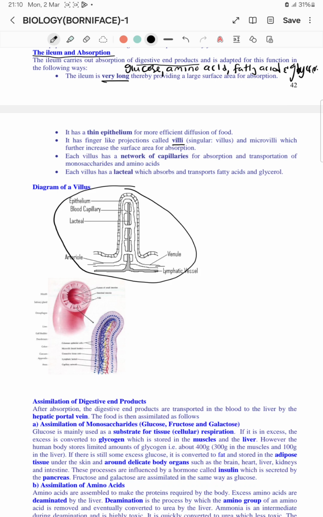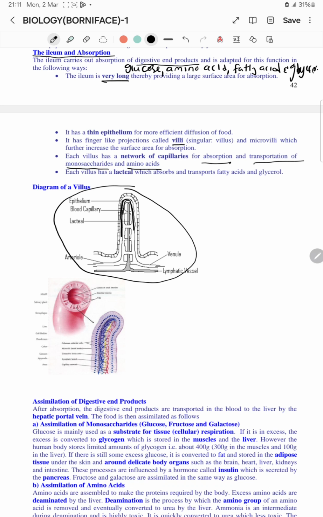So now, each villus has a network of capillaries. These are blood capillaries. Each villus has a network of blood capillaries for absorption and transportation of monosaccharides and amino acids.